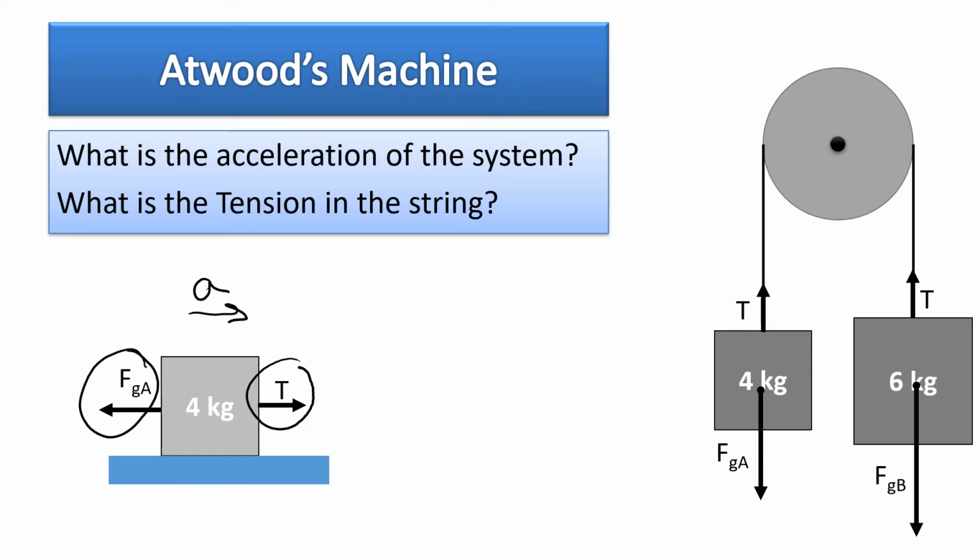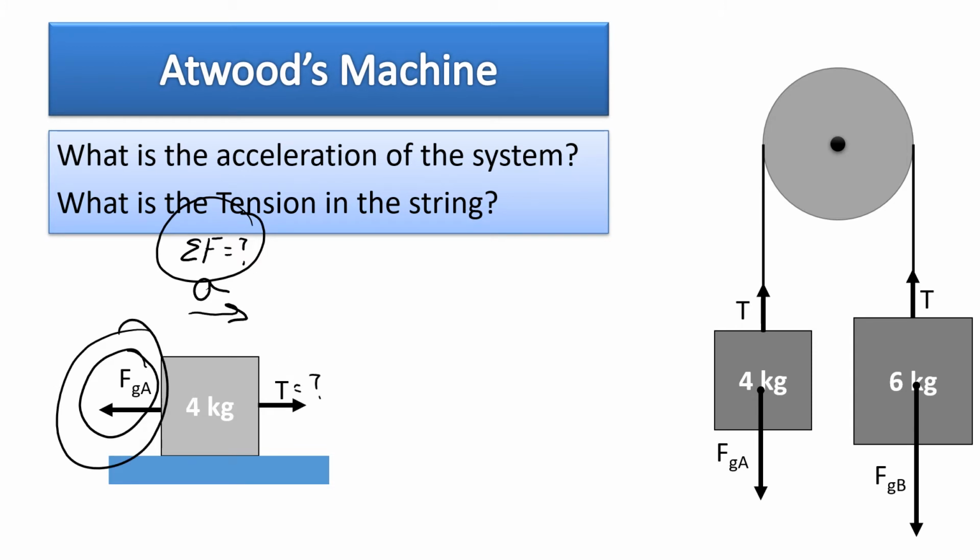So we know the acceleration, and we know the mass of that one block. We could use Newton's second law to figure out what the net force is. And then once we know the net force and the weight, then we could figure out what the tension is. Okay, so there are multiple steps. That's just a game plan of where we're going.